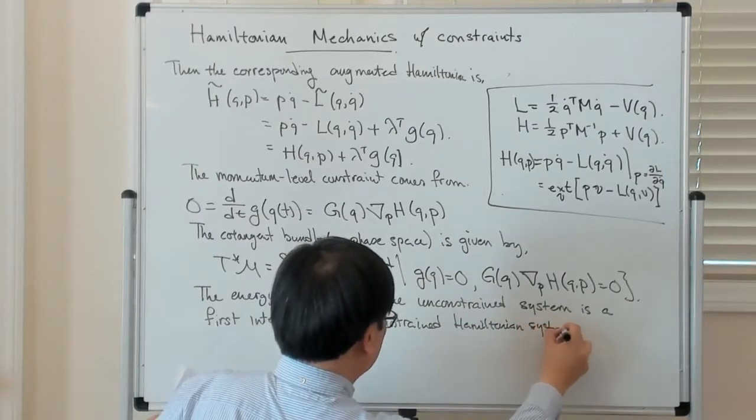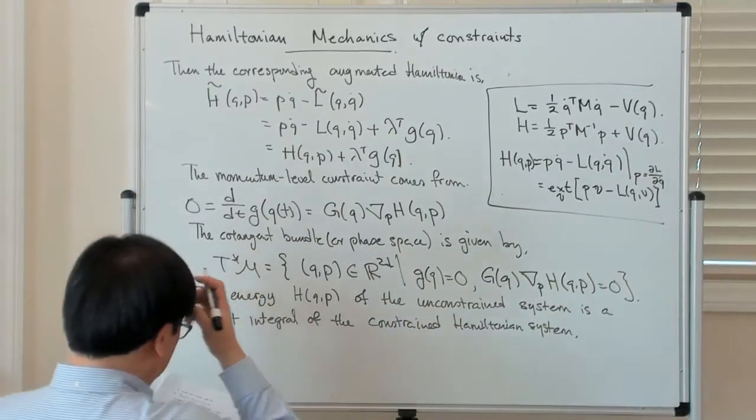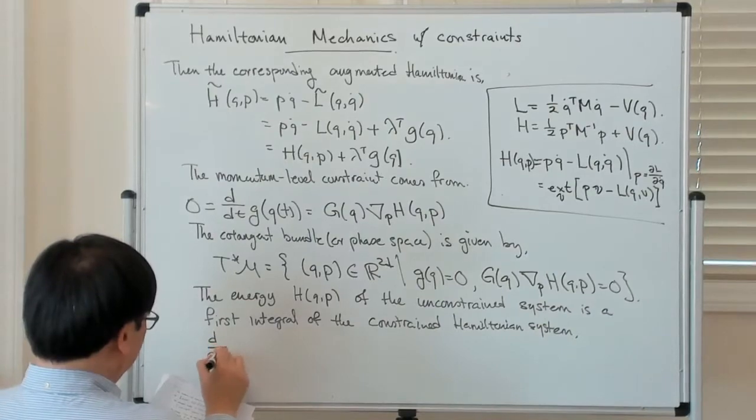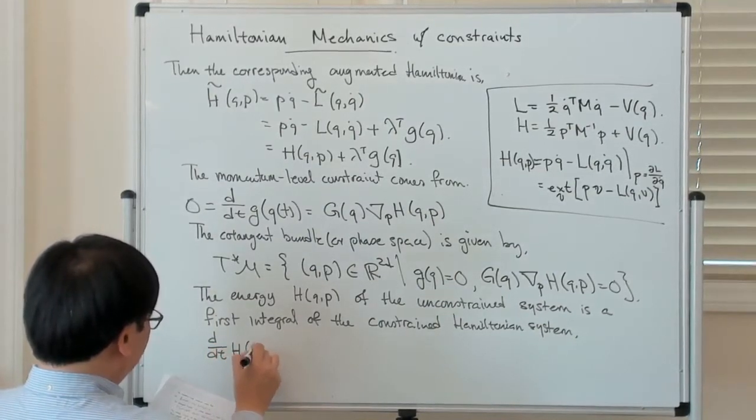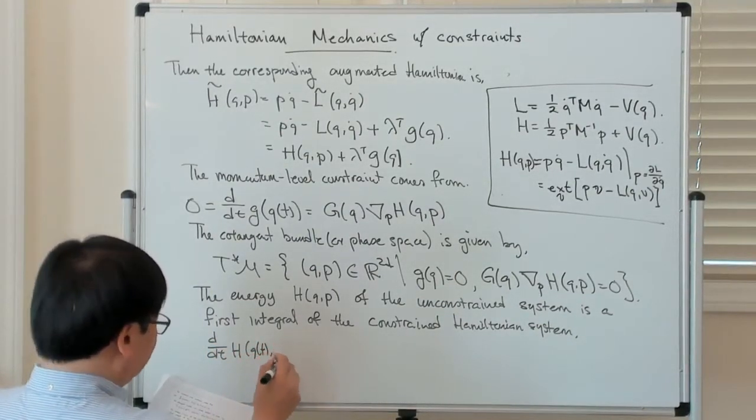And how do you check that? You can check that directly by differentiating the Hamiltonian evaluated on a solution of the constrained Hamiltonian system.